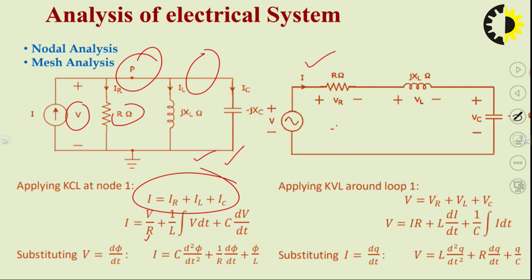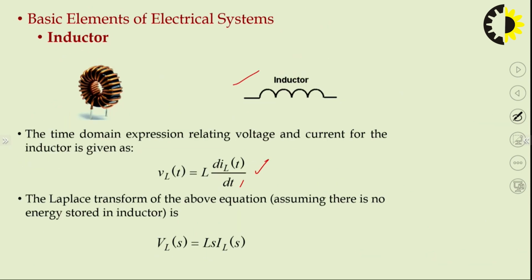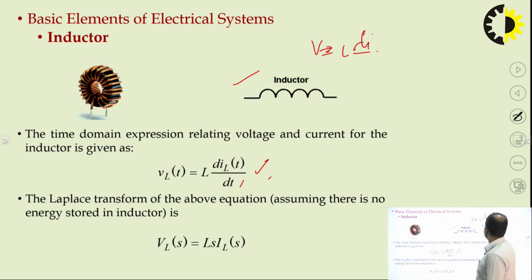Now, the voltage across the inductor. I have already told you what the voltage across the inductor is: V = L di by dt.